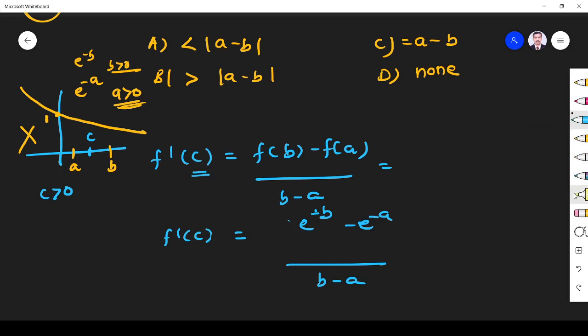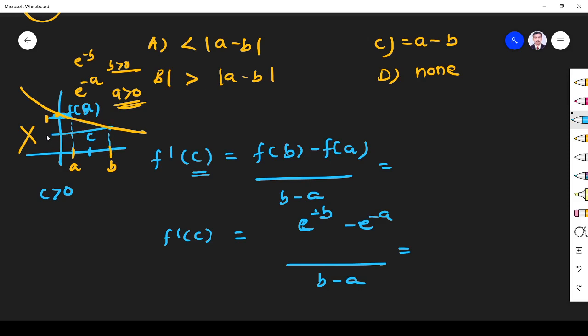Okay, you see from this diagram, this is what I have to do. So e power minus b, e power minus a. See, whenever you go, this is f of a, this is f of b.